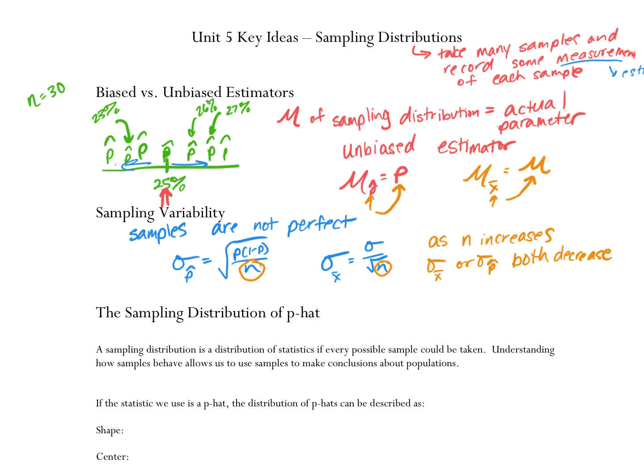If there's less variability in my estimator, as n increases, we could say sigma x bar decreases is the same thing as saying that possible x bars are closer to mu. Or, vice versa, the possible p hats are closer to p.